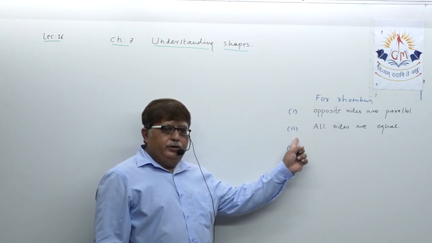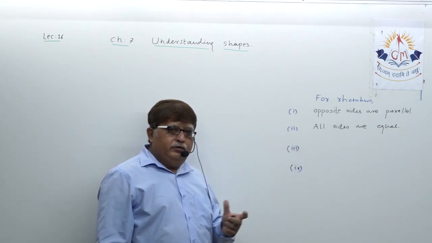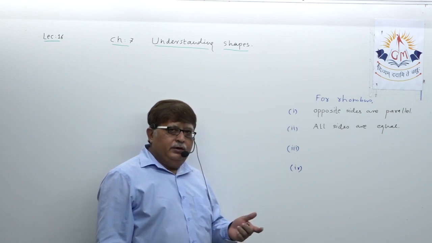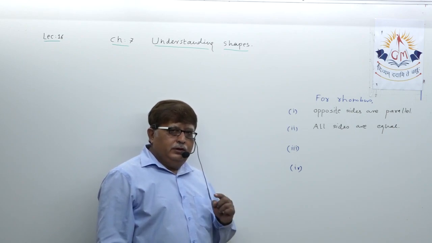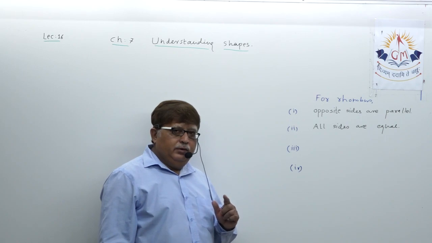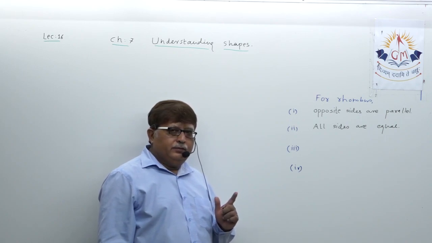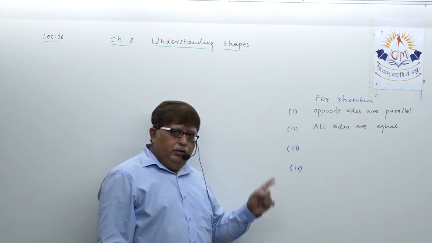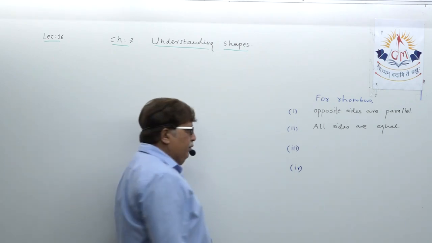This property marks the difference between parallelogram, rectangle and rhombus. In parallelogram and rectangle, opposite sides are equal. Here, all sides are equal.